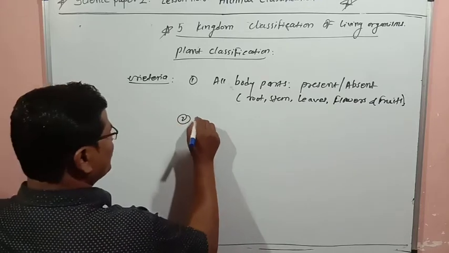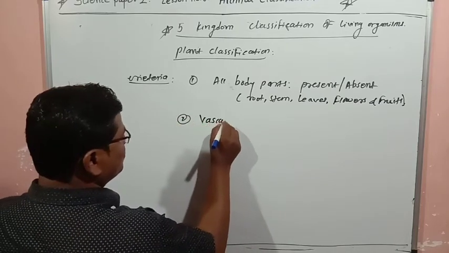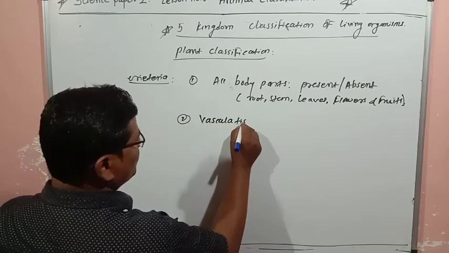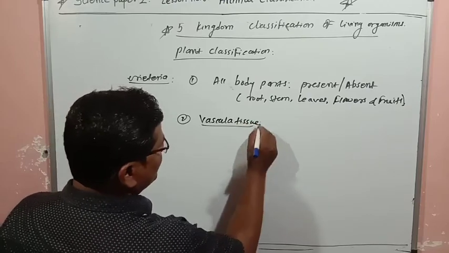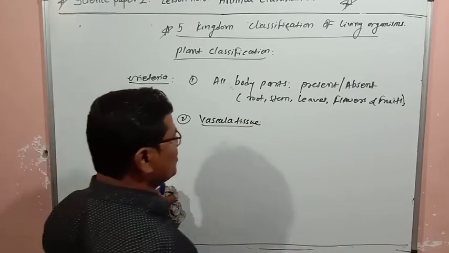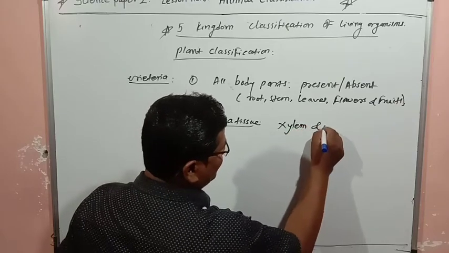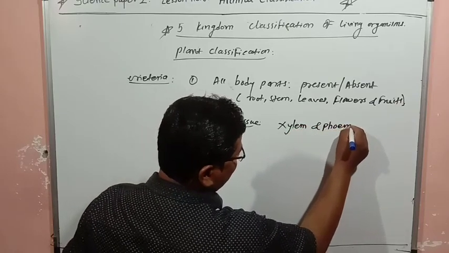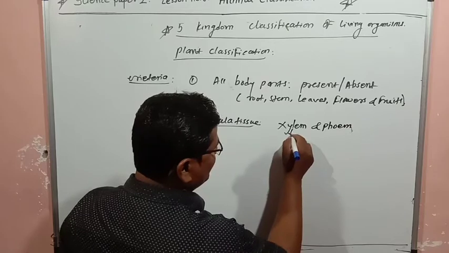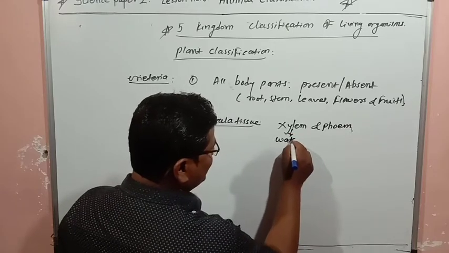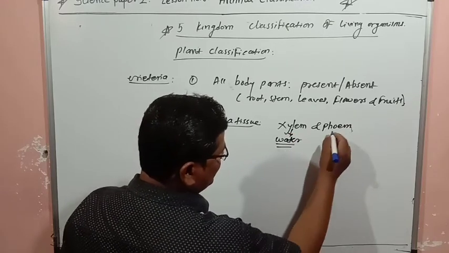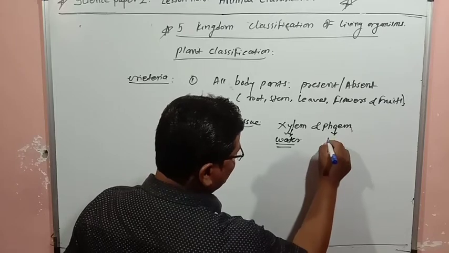The second one is the vascular tissue. Which vascular tissues are the conductive tissues? Either xylem or phloem. We have studied xylem: it transports water and minerals, and phloem transports food.